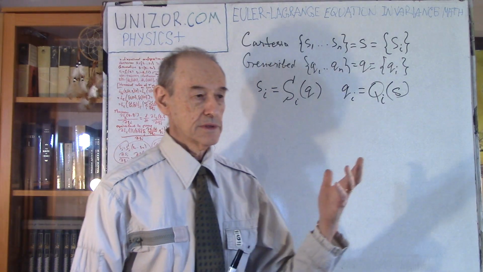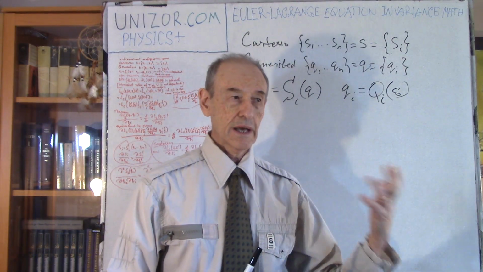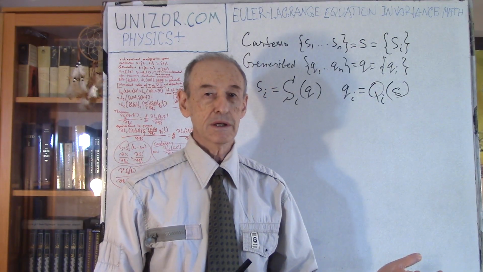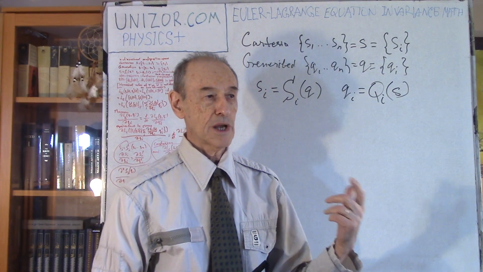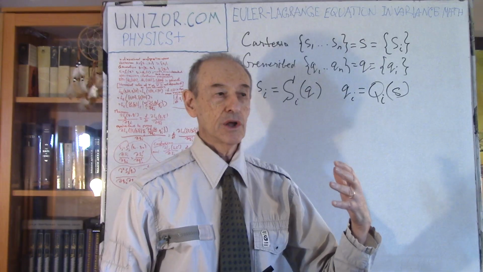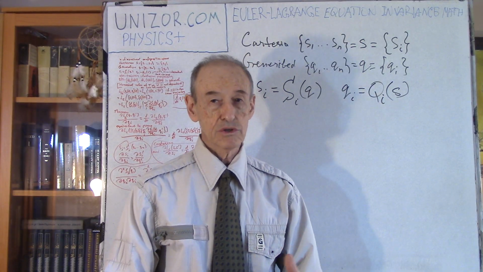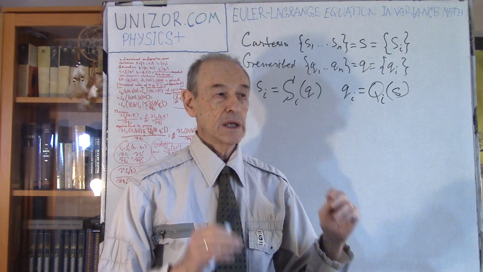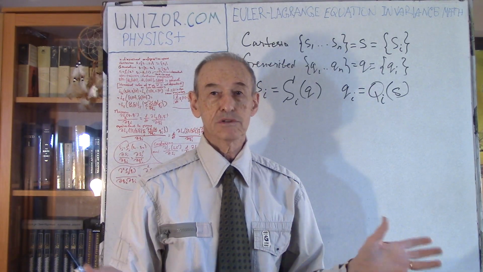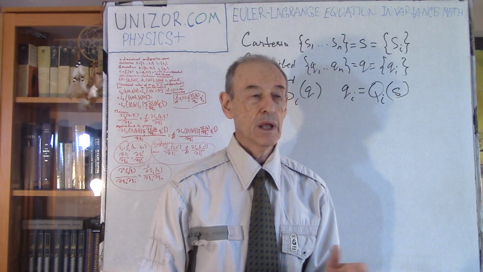First of all, the idea from the very beginning of this chapter of the course was that Newton's second law, which is applicable to Cartesian coordinates, is an axiom. We just take it as is.